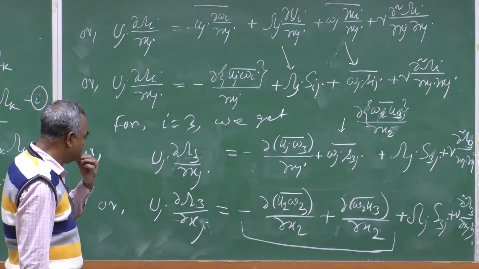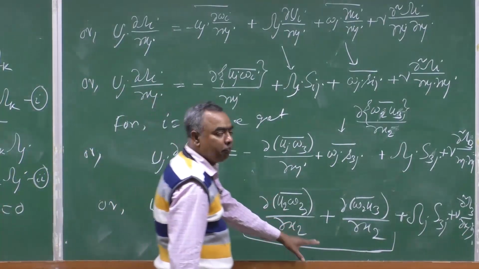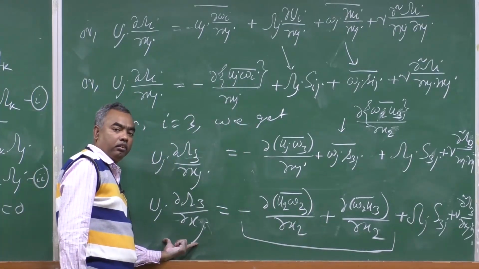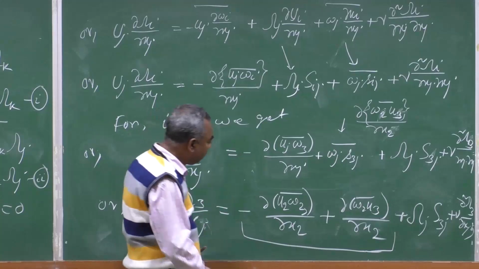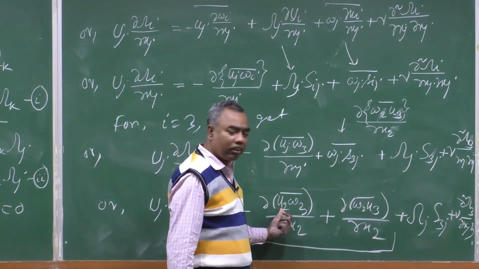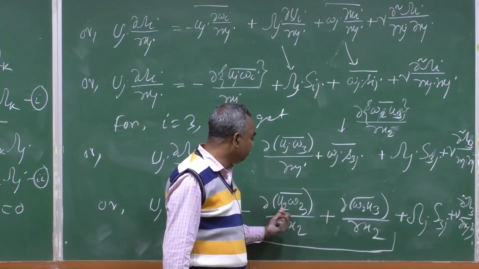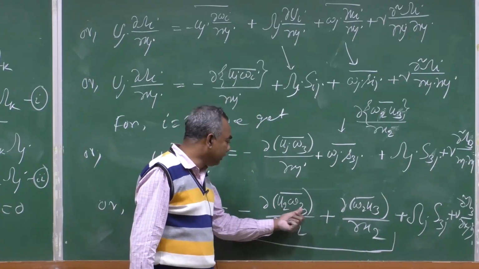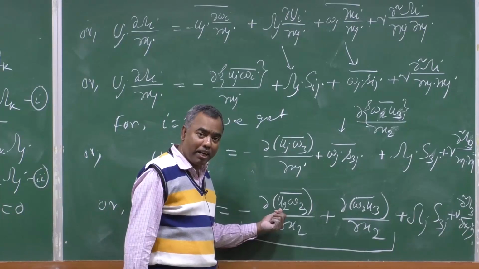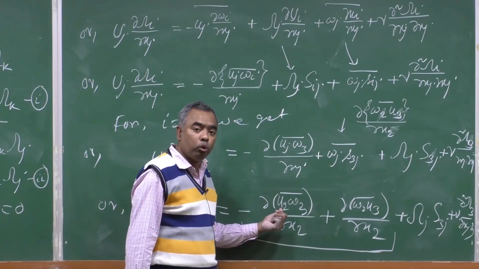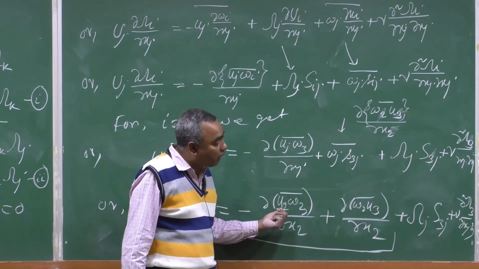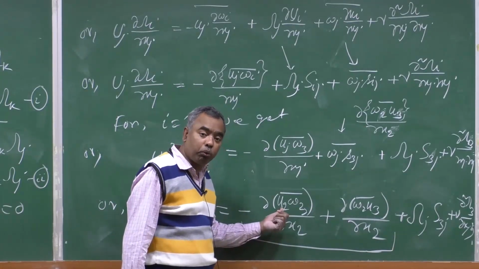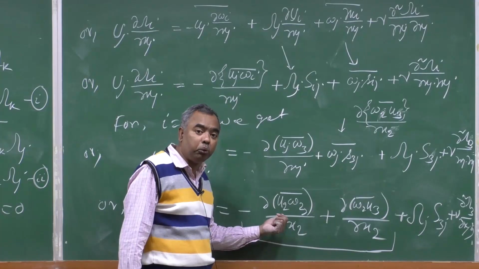That means these two turbulence terms can change the mean vorticity. That is what it says. How are they changing it? Consider this particular term, u 2 omega 3, keep it in mind. We describe this term as the transport of omega 3 in the direction of u 2.